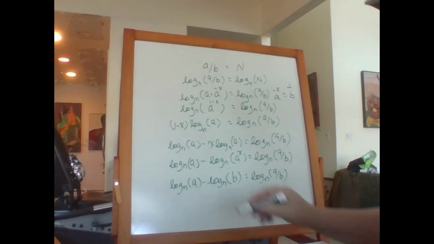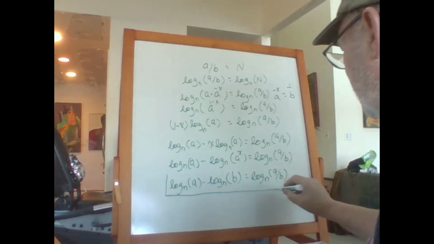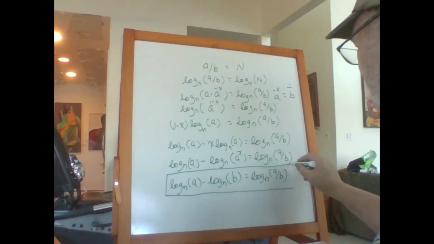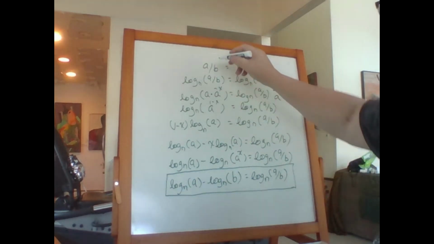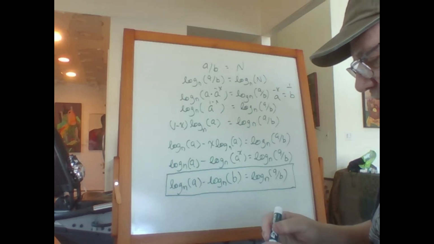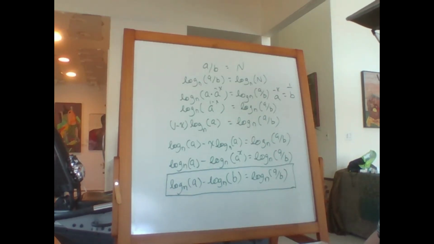And that's our second logarithm rule. And that's a very important rule that we're going to be using. So really, a division is a special form of multiplication when you stop and you think about it. So this is only natural.